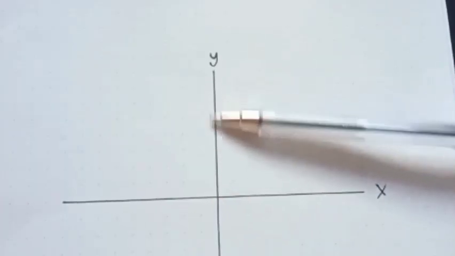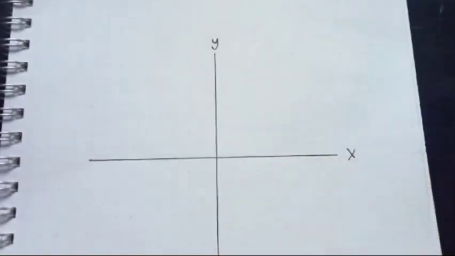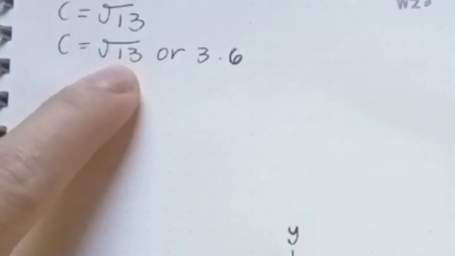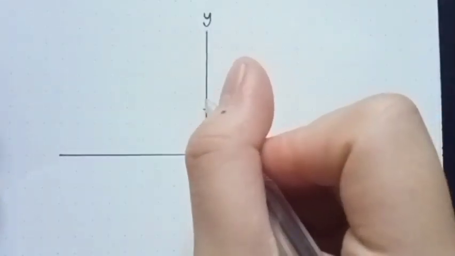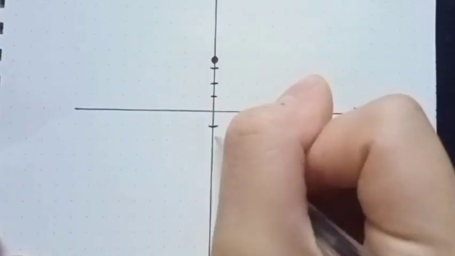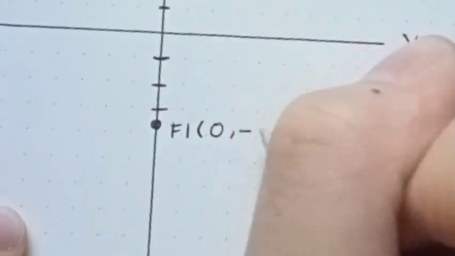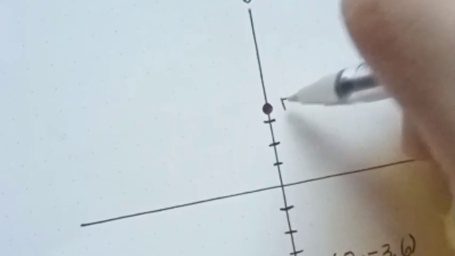The foci are going to be around here along the major axis. Since c is 3.6, F1 is 0 and 3.6, and F2 is 0 and negative 3.6.